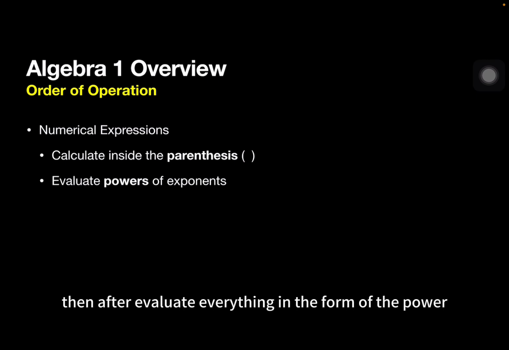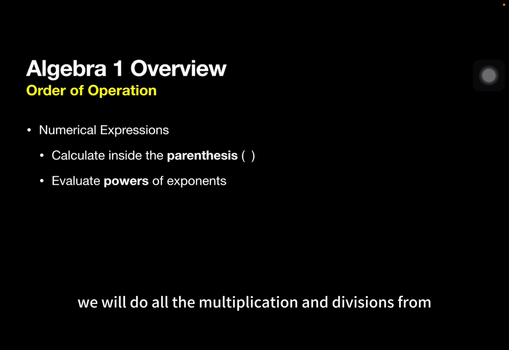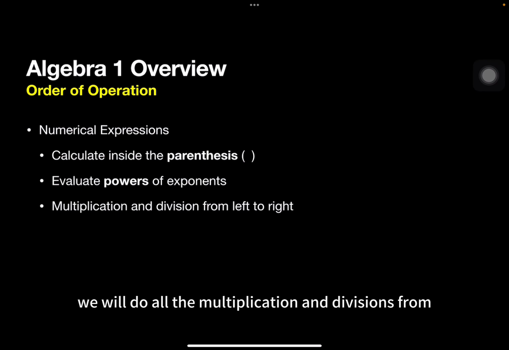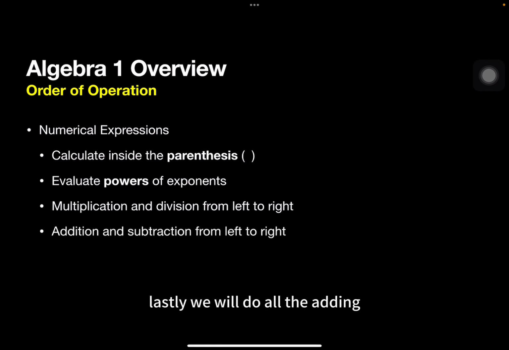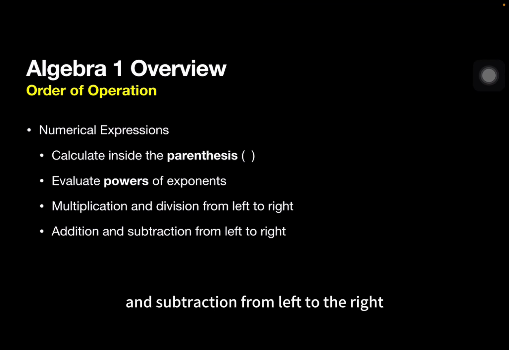Then, after evaluating everything in the form of a power, we will do all the multiplication and division from left to right. Lastly, we will do all the addition and subtraction from left to right. So let's go over an example.